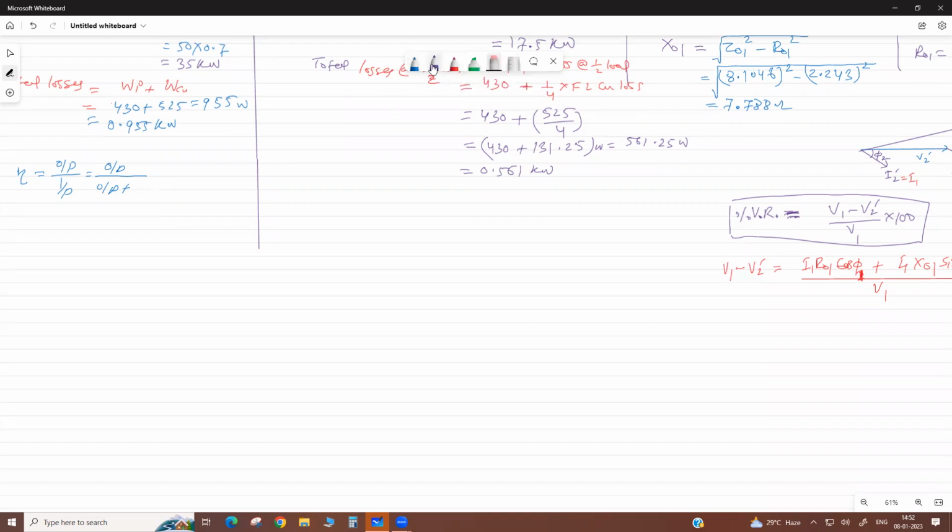Input means output plus total losses. Your total losses are iron plus copper loss, same here at half load.